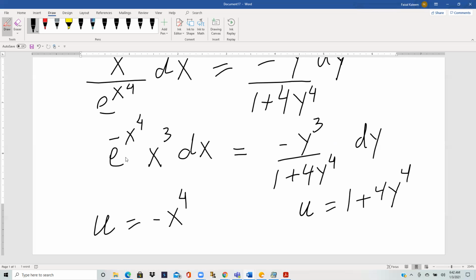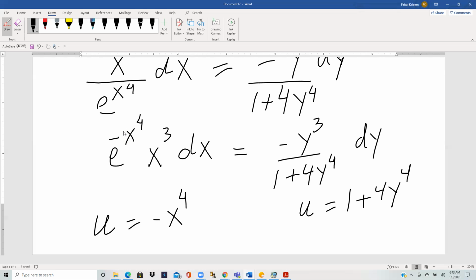So when you integrate this, this will give us negative 1 over 4 e power negative x^4. And just quickly, for those of you interested in the shortcut: you have e power negative x^4, so you look at what the derivative of the exponent is.